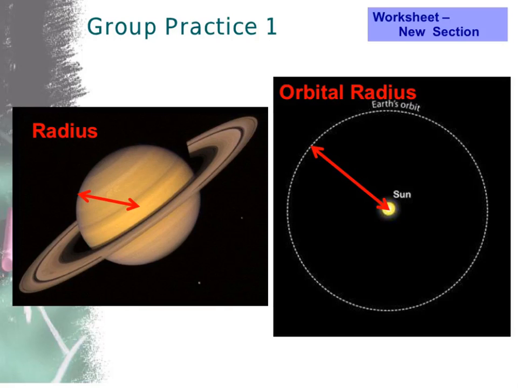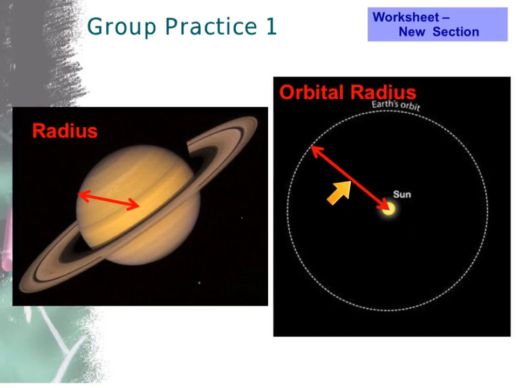The radius of the planet is just the distance from the planet's center out to its surface. That's pretty simple, right? Some people got confused about what orbital radius is in class. Well, that is the distance from the planet's orbit to the sun. So when you're looking at that, I think it's the fourth column, and you see orbital radius, that's the distance it's referring to.